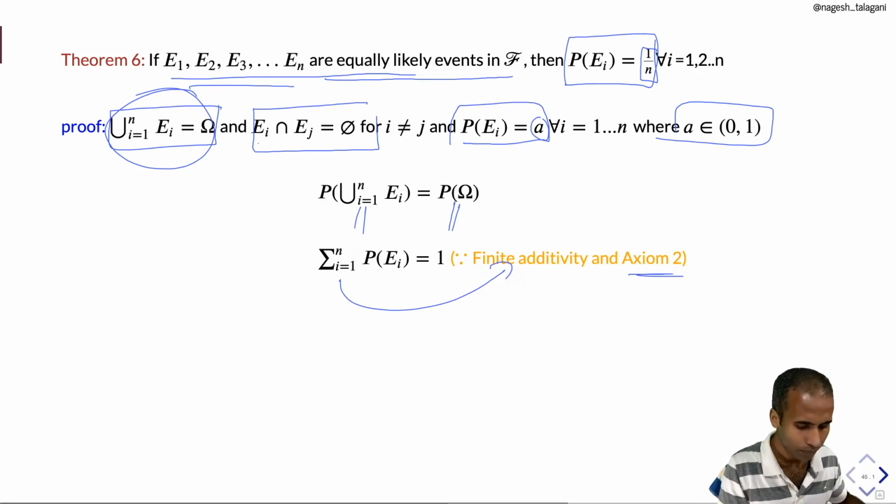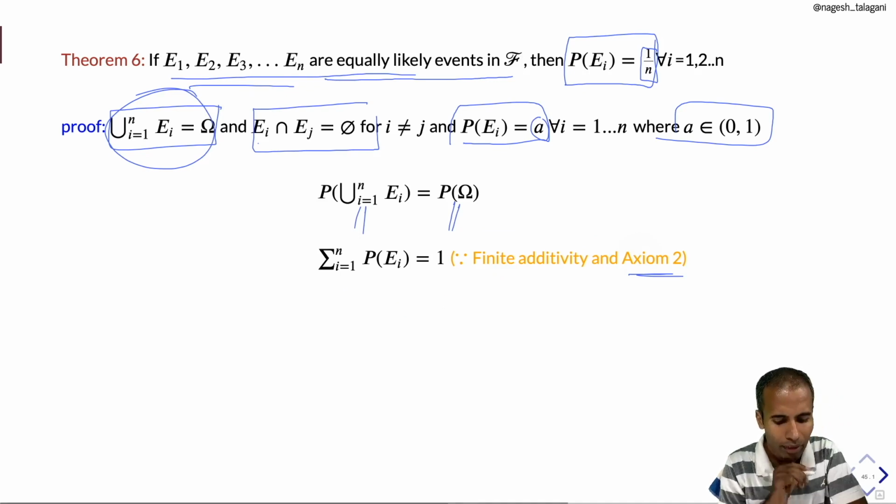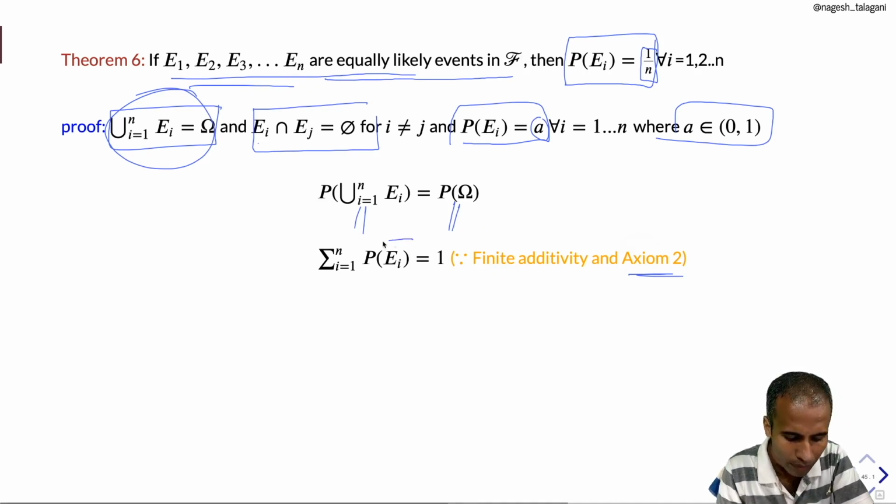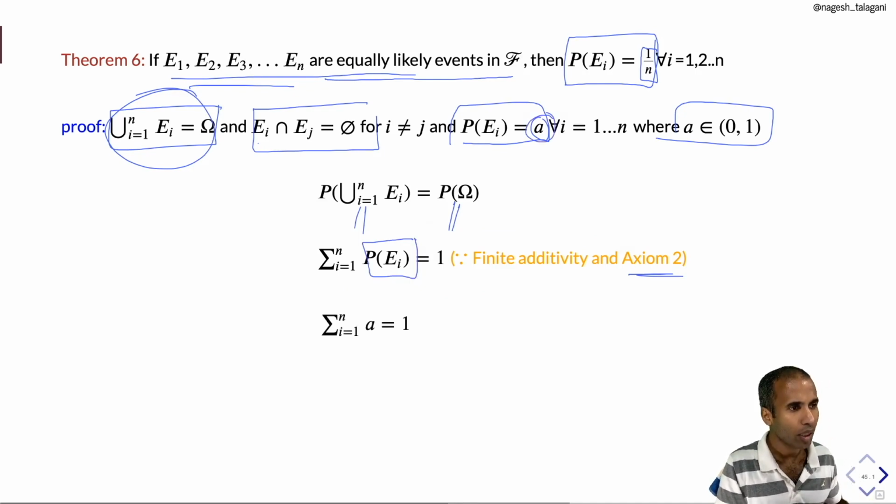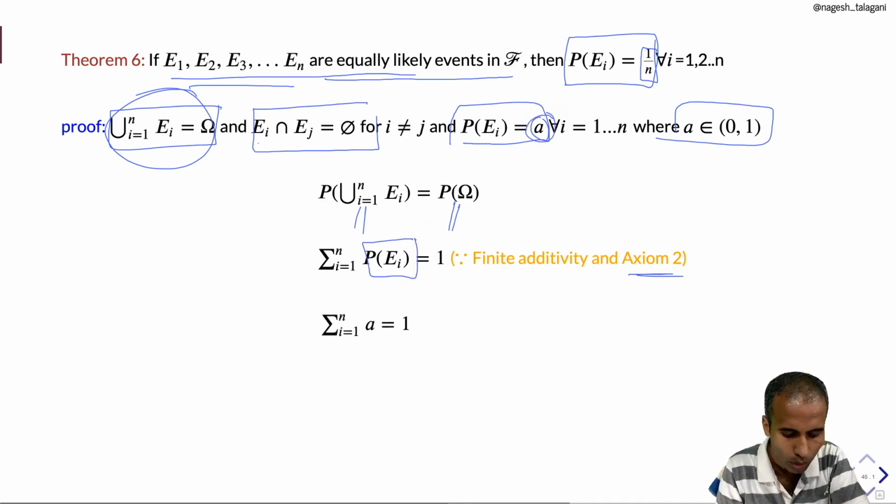Okay, fine. In the next step, I can replace this probability of Ei with this A. So now summation i equal to 1 to n, the probability of Ei is going to be the same A for i equal to 1 to n.